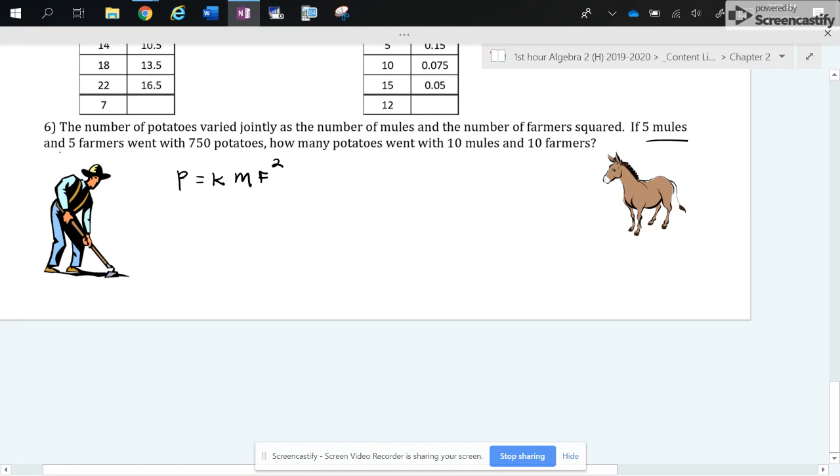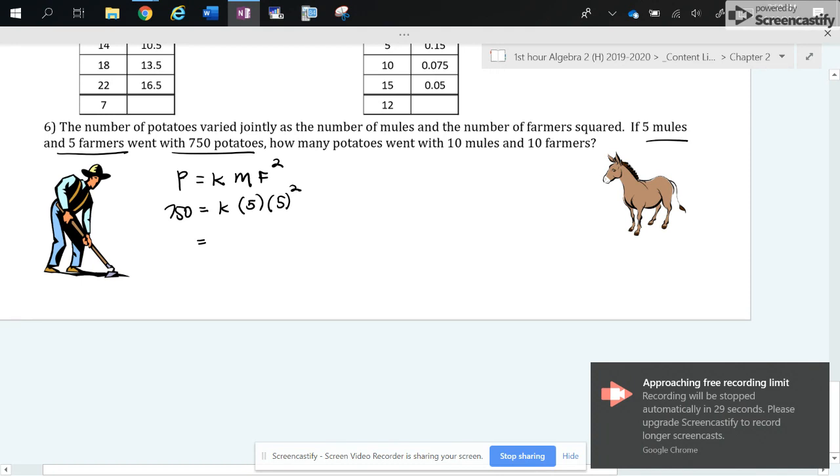Then they give me 5 mules, 5 farmers with 750 potatoes. So I'm going to plug that in. So I'm going to say 750 is equal to k times 5 times 5 squared. Let me get out my calculator.